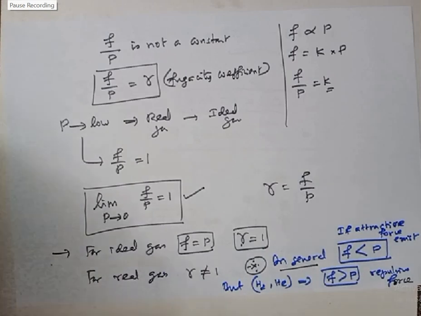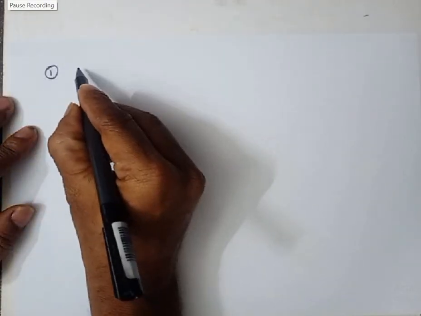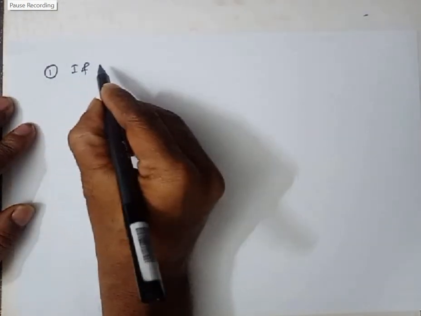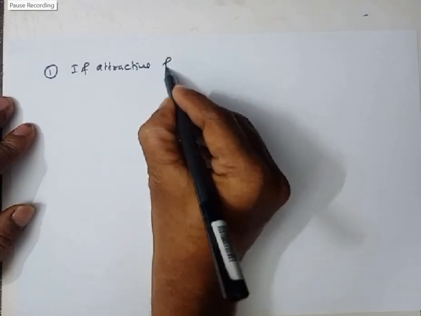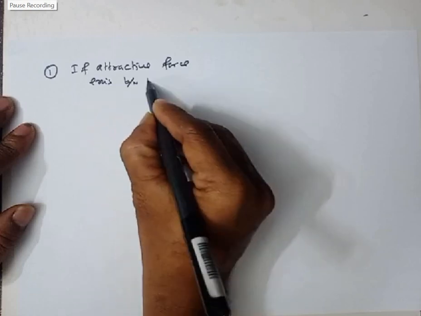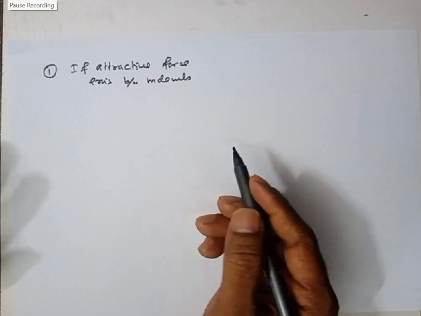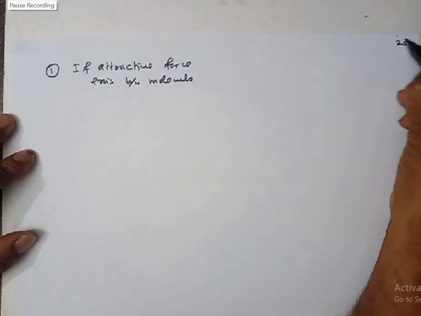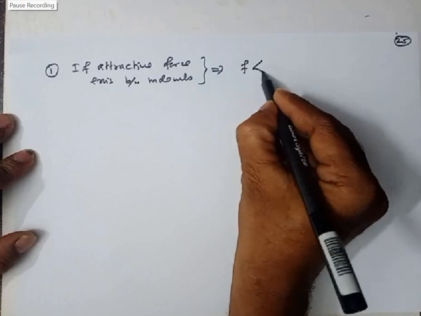Let me write in the next page. See here, what I am trying to say. Number 1, if an attractive force exists between molecules, then fugacity will be less than pressure.